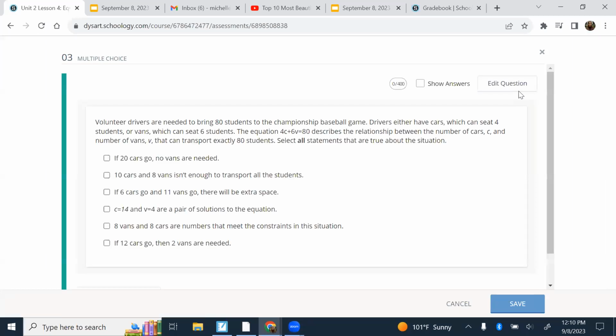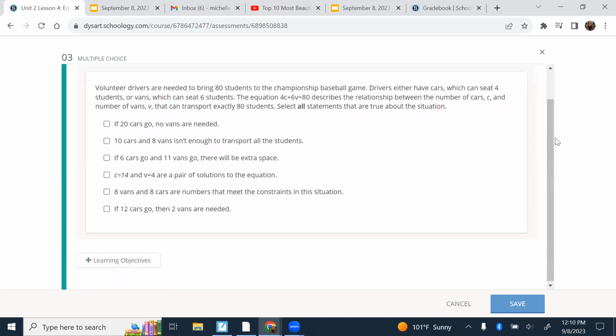Now from the practice today, if you'd like to follow along, this one was asked. The one about volunteer drivers needed to bring 80 students to the championship baseball game. Drivers either have cars, which can seat 4 students, or vans, which can seat 6 students. The equation describes the relationship between the number of cars and the number of vans that can transport exactly 80 students, and you're going to select all that are true.